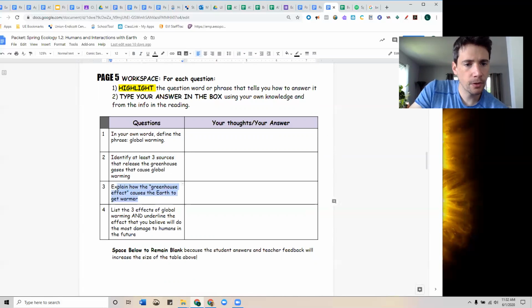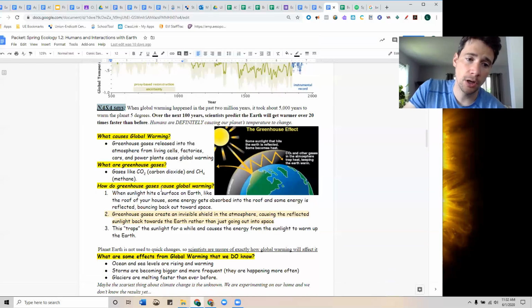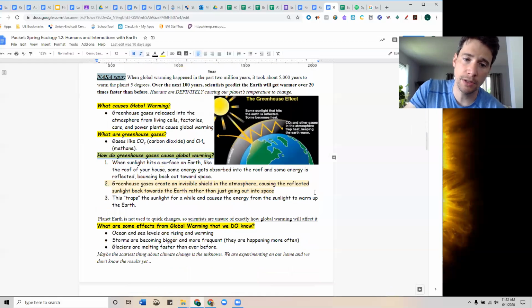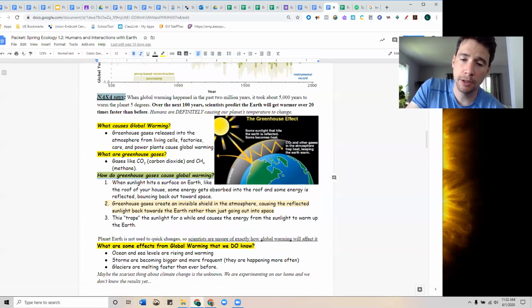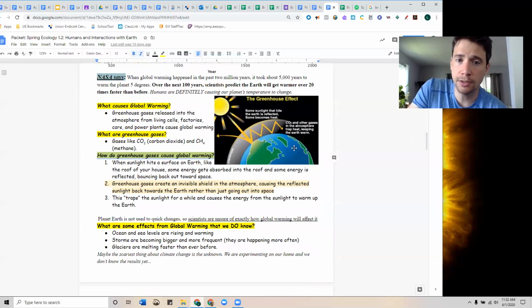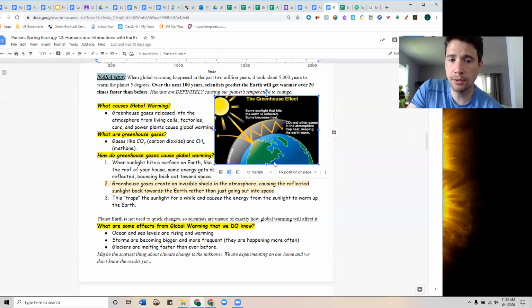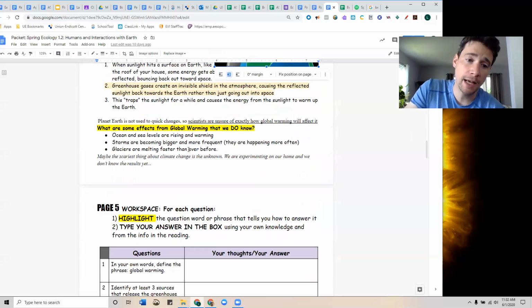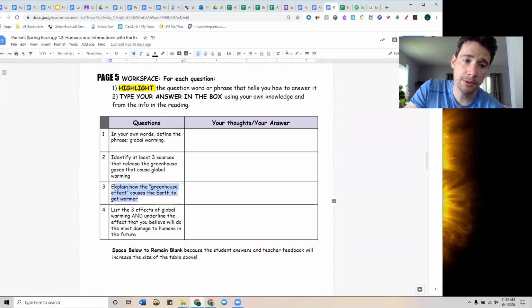Question 3, explain how the greenhouse effect causes the Earth to get warmer. So you're going to explain right here, how do greenhouse gases cause global warming? You can use this, put it in your own words, don't copy and paste it all. You can say this in just a sentence, really. You can use this, or there are tons of YouTube videos on global warming and why it happens. So you can use that to help you out too.